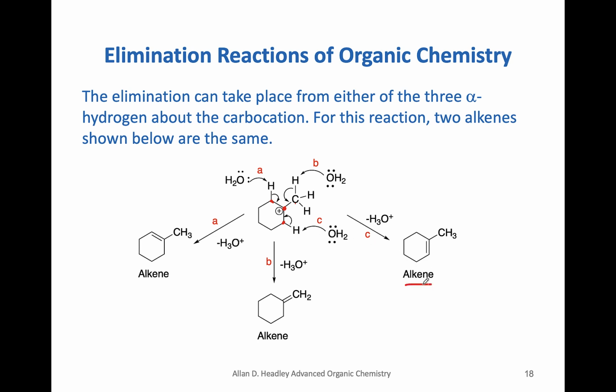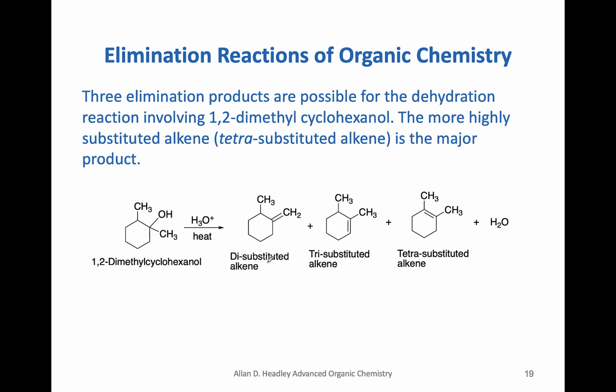Of course, this alkene here is the same as that alkene, so we essentially have two products here. This product is the major product because it is the more substituted alkene, the more stable alkene, and hence the major product.